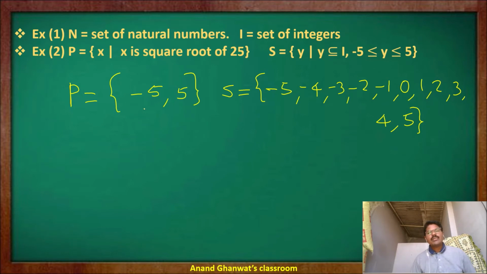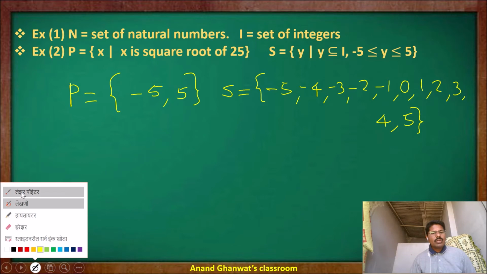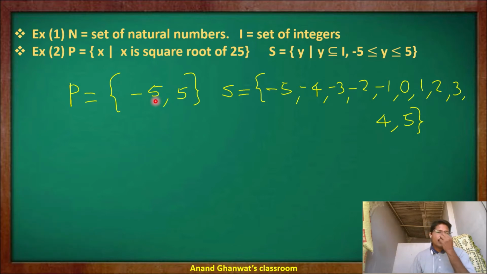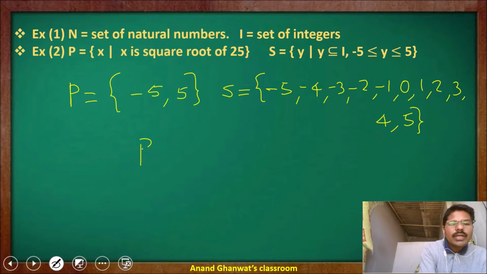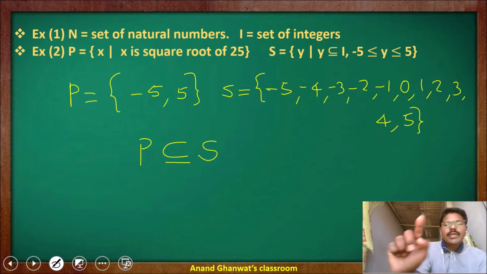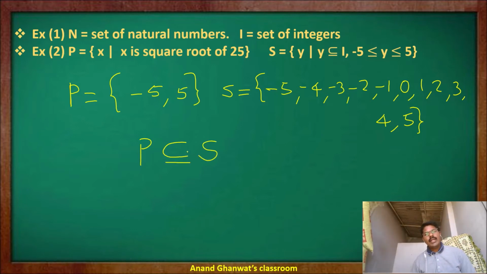Set P is smaller. Let us check whether all elements in set P are present in set S or not. So first, -5. So -5 is present in set S. +5 is also present in set S. Therefore, we can say that P is a subset of set S.